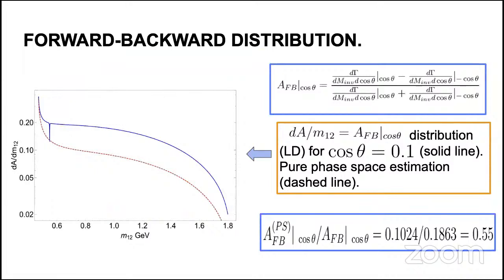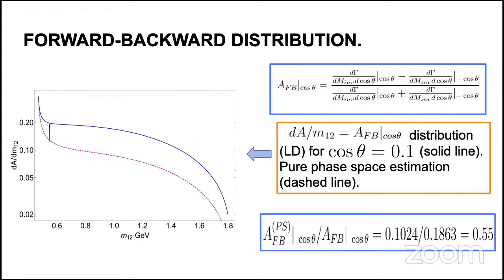We focus on the forward-backward distribution, this observable, and considering the long distance, we have this form of the forward-backward observable.